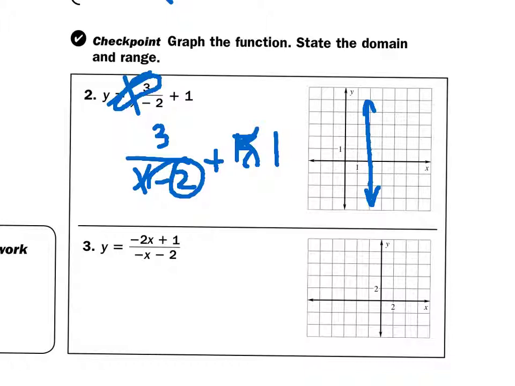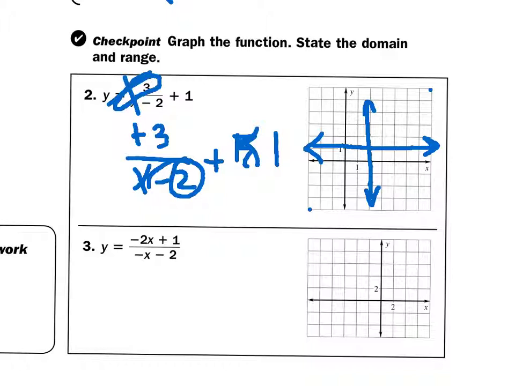And then my k is a positive 1. So here would be the other asymptote. All right, it is a positive number up here for the 3. 3 is positive. So it's going to be in quadrant number 1 and number 3. And then just pick points and find where it goes.